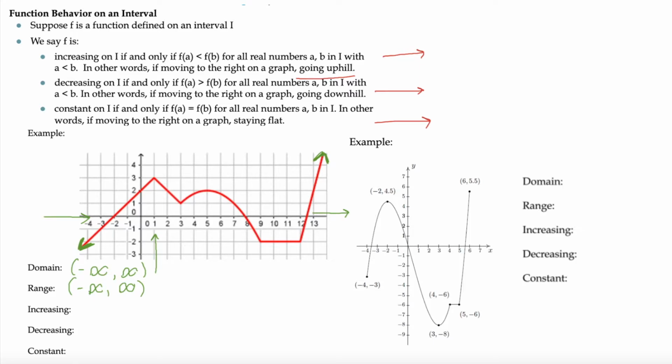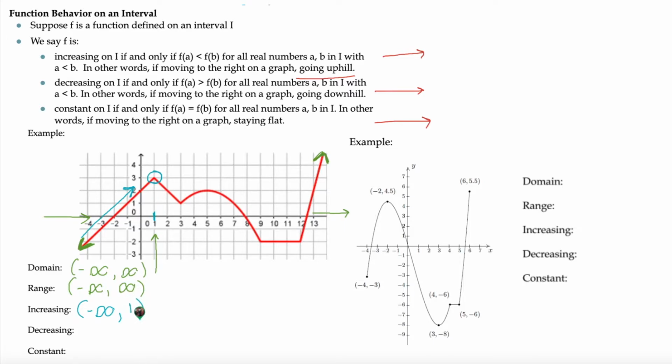So my graph is starting to increase because I'm going uphill again, working my way left to right. We are increasing all the way until we reach this point here. So I'm increasing from negative infinity looking at the x-axis, and I'm increasing all the way until the value of 1.